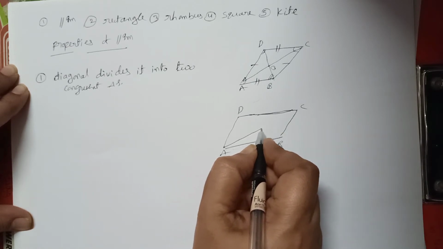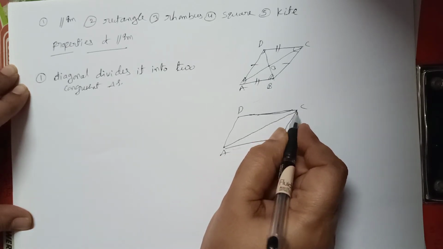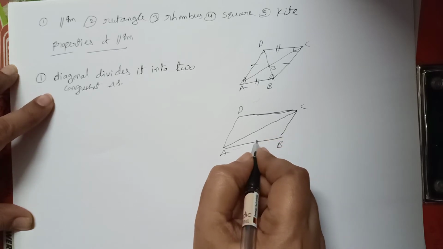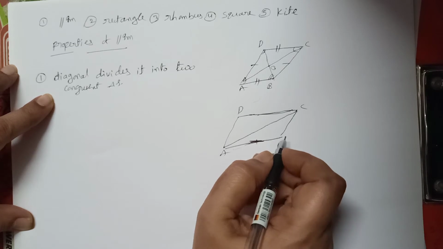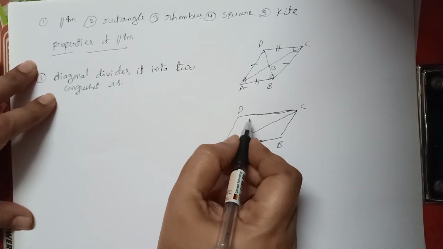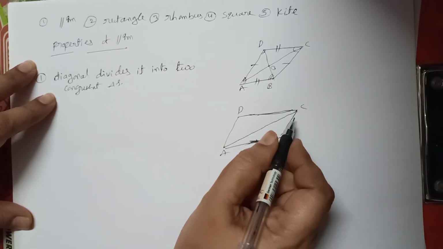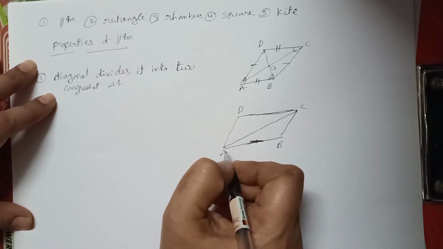Join one diagonal. What is a diagonal? The line segment joining opposite vertices is called diagonal. You have to prove the diagonal divides it into two congruent triangles. That means you should prove these two triangles are congruent. Triangle ABC and triangle ADC are congruent.